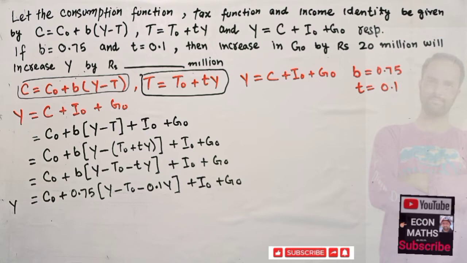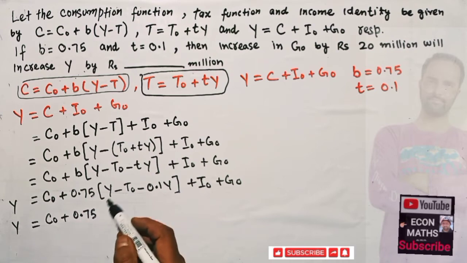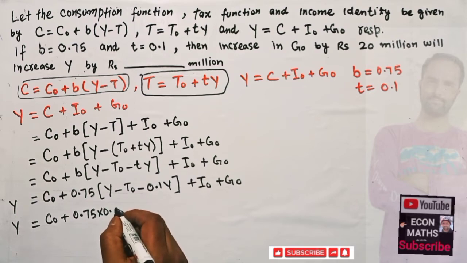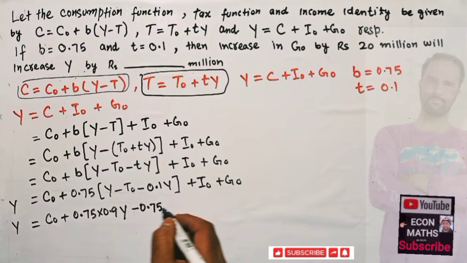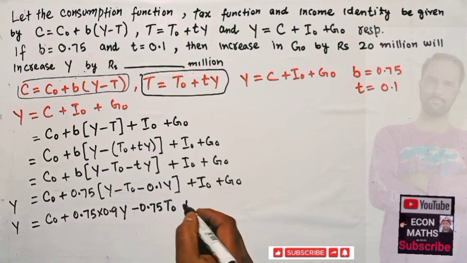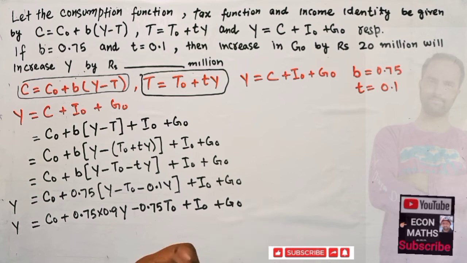This whole expression is equal to Y, which means Y is equal to C naught plus 0.75 times (Y minus 0.1 Y, which comes out to be 0.9 Y), and we have minus 0.75 T naught here, plus I naught plus G naught.